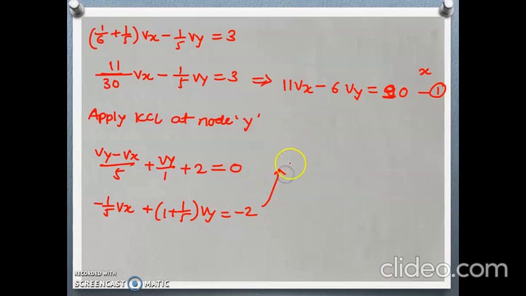Taking LCM on both sides, this will be minus Vx plus 6 Vy equals minus 10. This is the second equation we got from the Y node.